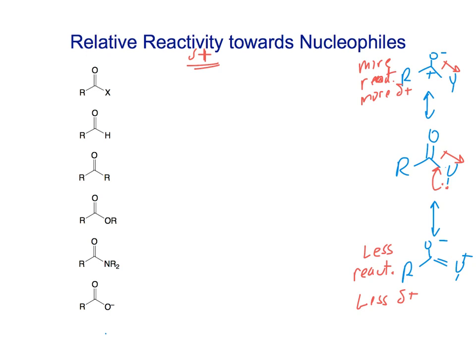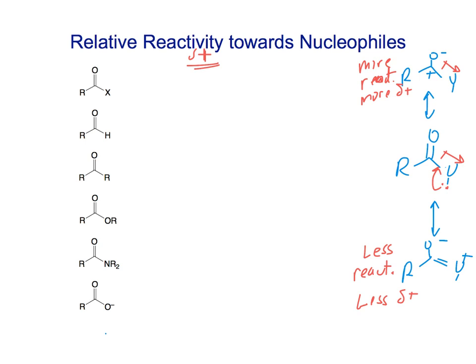And look at which end of this those groups are going to be more electron withdrawing, like the top one, and which of those groups are better electron donating. Which end of this do you think would be more like this? The top or the bottom? Which would be the best electron donating groups? More to the bottom. Okay?